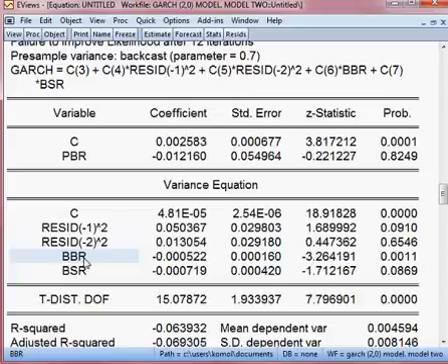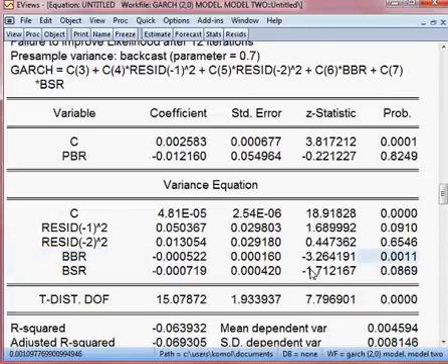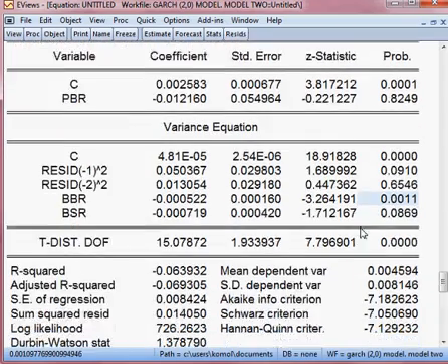The volatility of the Bangladesh bond return can influence the volatility of the Indian bond return. Yes, that means BBR can influence the Indian bond return. So that means there is an external influence on the Indian bond return.